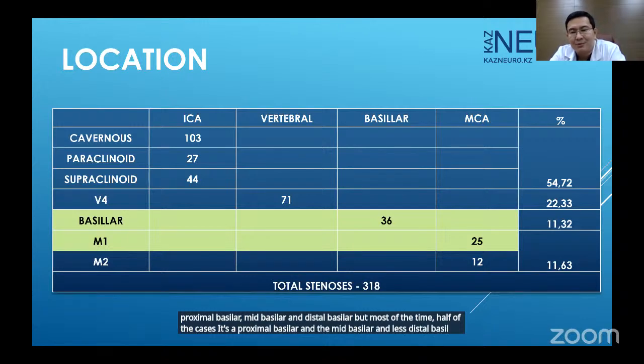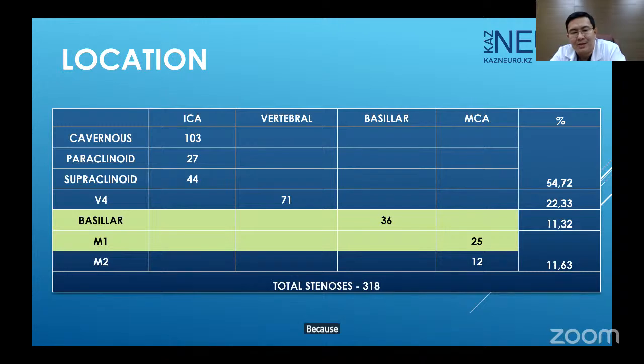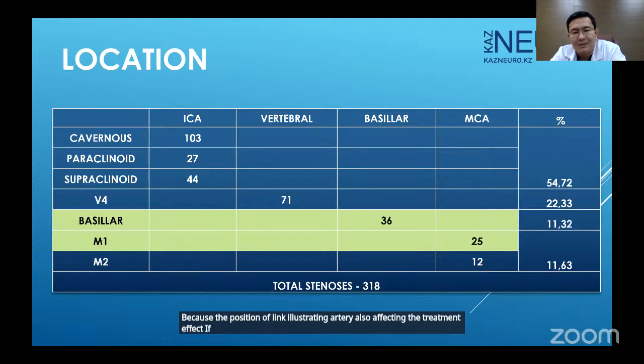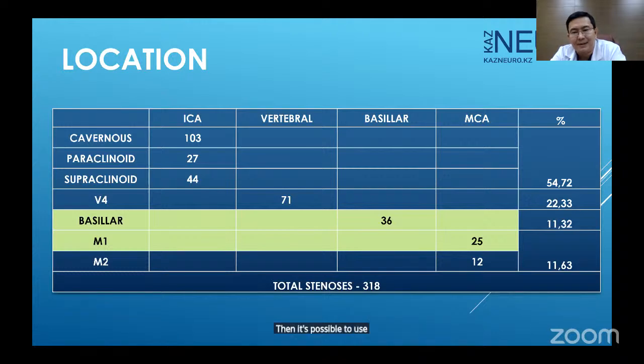And the M1 segment is also not all the time risky, because the position of the lenticulostriate artery also affects the treatment. If the lenticulostriate artery comes from the stenotic segment, then nowadays we choose self-expandable stents. If the lenticulostriate artery is distal to the stenotic segment, then it's possible to use balloon-expandable stents.